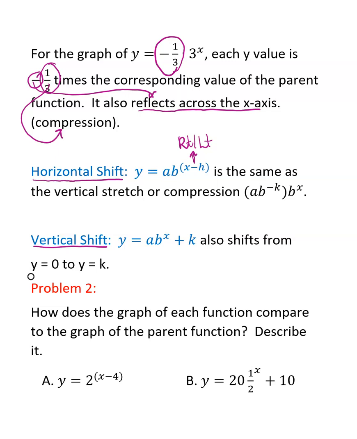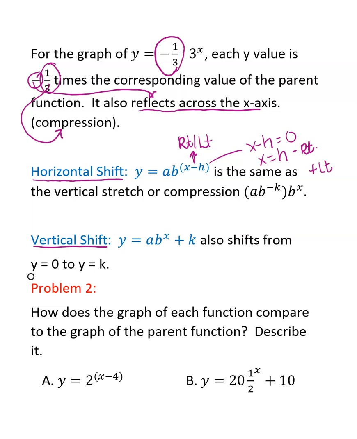Right here, what you're thinking is x minus h equals 0, x equals h. So when it's minus, it will be shifted to the right. If it's plus, it will be shifted to the left. So it's opposite of what you might think.